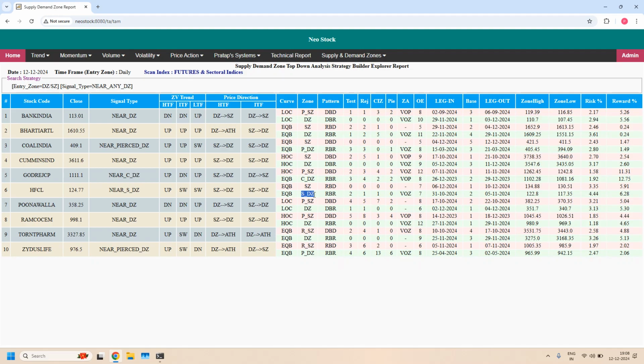HFCL, high liquidity zone. Today we discussed HFCL in our HLQ analysis video. That's it. We don't have any other high liquidity zones. Only one zone we identified from this daily time frame.